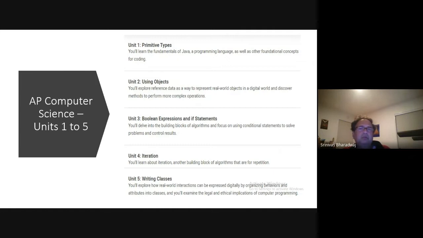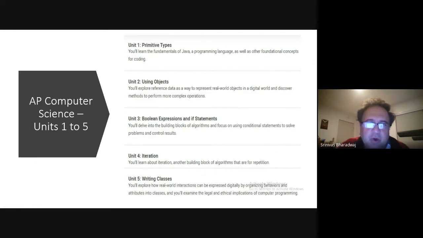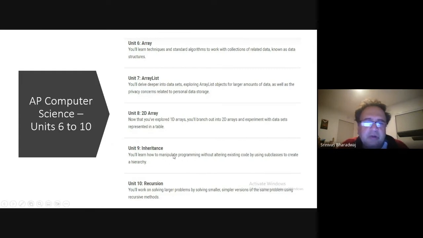So the first 6 units are in the first semester, and units 7 to 10 in the second semester. The second semester builds on top of the first semester. For instance, in the first semester you learn about arrays, and in the second semester you learn about two-dimensional arrays. In the first semester you learn about objects and writing classes, and in the second semester you learn about inheritance.